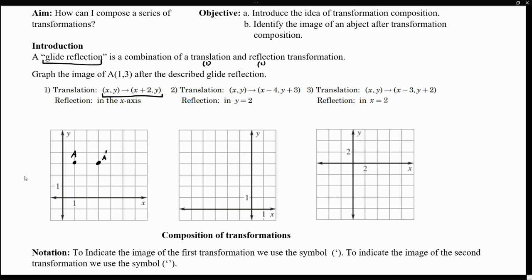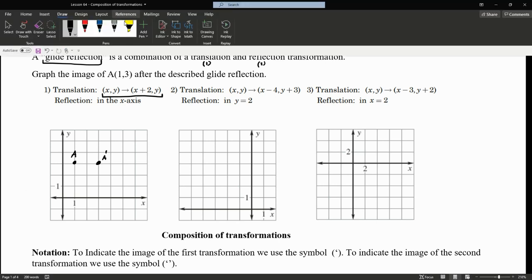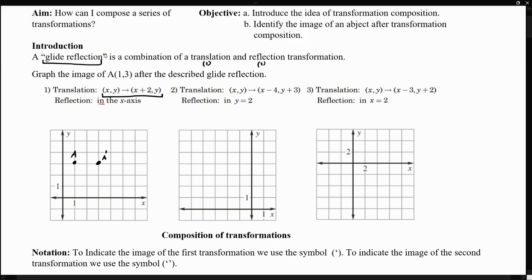So let's reflect A prime. Remember that one of the properties of reflection is that the point should always be equidistant to the line of reflection. So what is the line of reflection that we're interested in? The line of reflection that we're interested in is the x-axis. So here we have our x-axis.